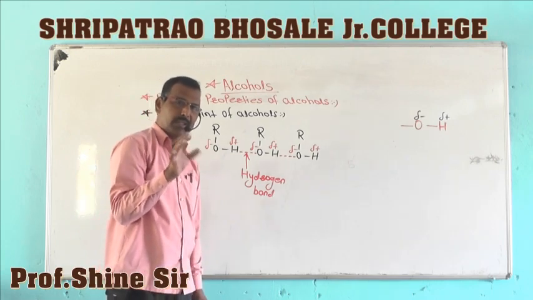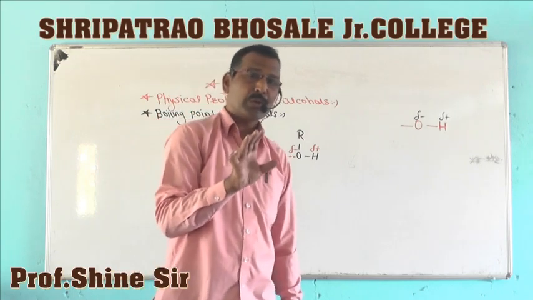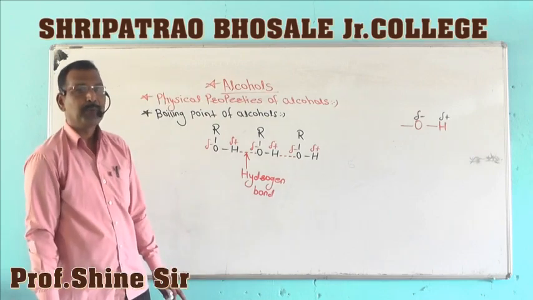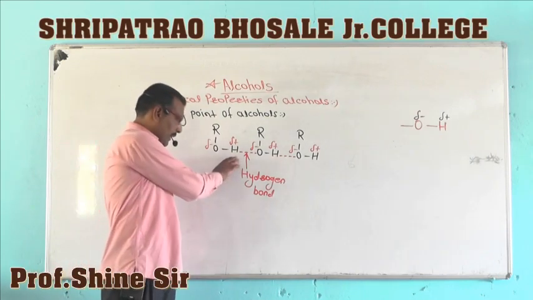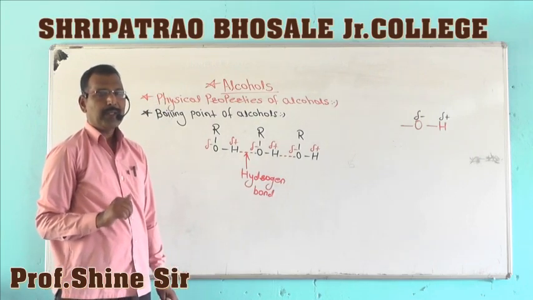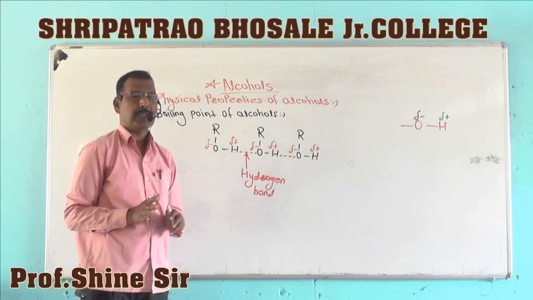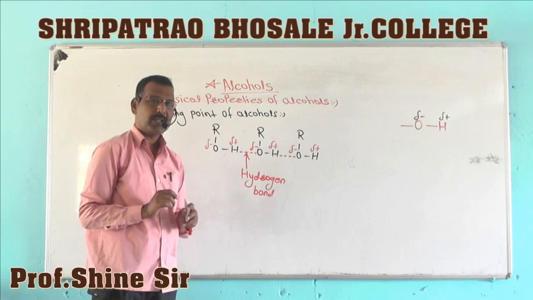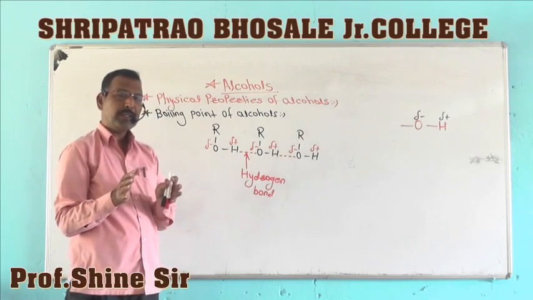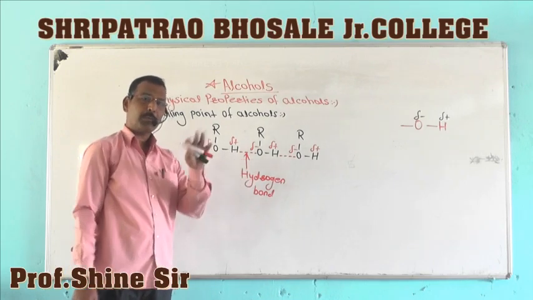Generally, while studying organic chemistry, for boiling point we consider van der Waals force and electrostatic force. In hydrocarbons, such hydrogen bonds are absent because they are non-polar, and so their boiling point is low compared to the corresponding alcohol.